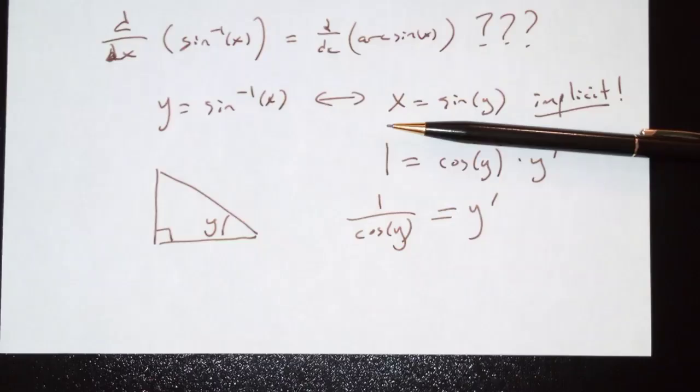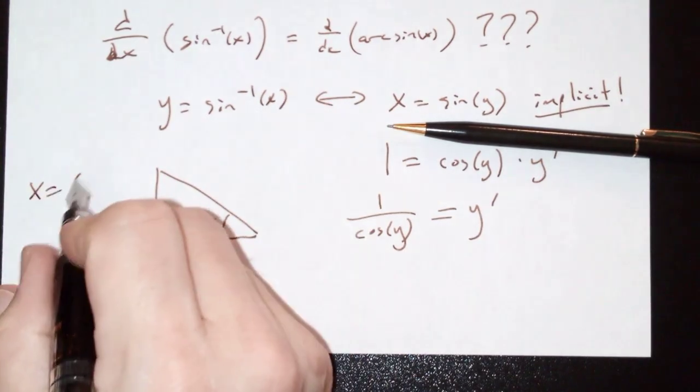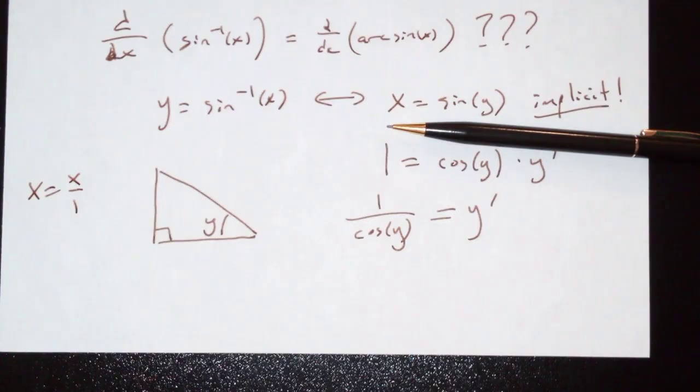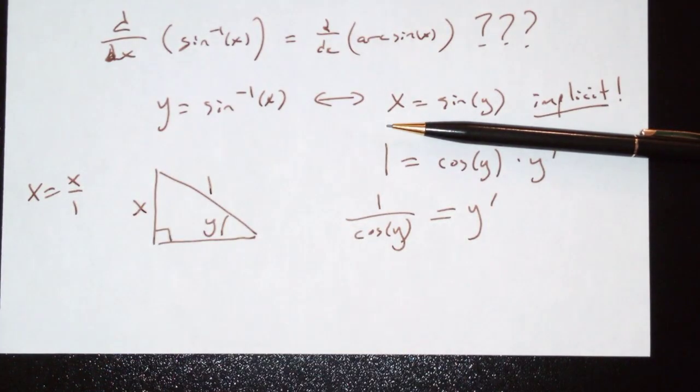SOHCAHTOA. So opposite and hypotenuse. But the sine is equal to x, right? I want a fraction. I want opposite over hypotenuse. I can write x as if it was x over 1. So I'll put opposite and hypotenuse. Just like I was on the unit circle, the radius is 1. Oh, I like that.